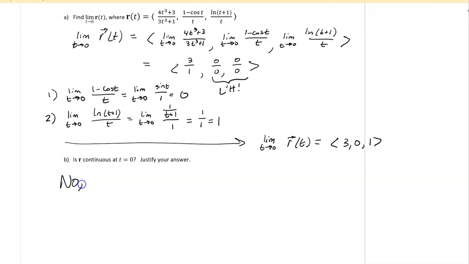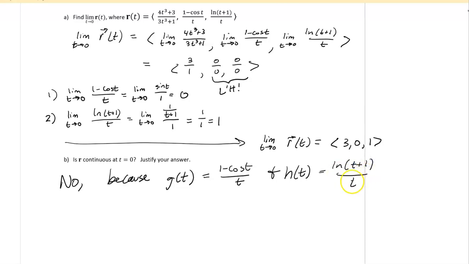So the answer is no, because if I keep calling it g of t equals 1 minus cosine of t over t, and h of t, which equals ln of t plus 1 over t, are both not defined at t equals 0. So those two functions don't exist at that point, so it can't be continuous.